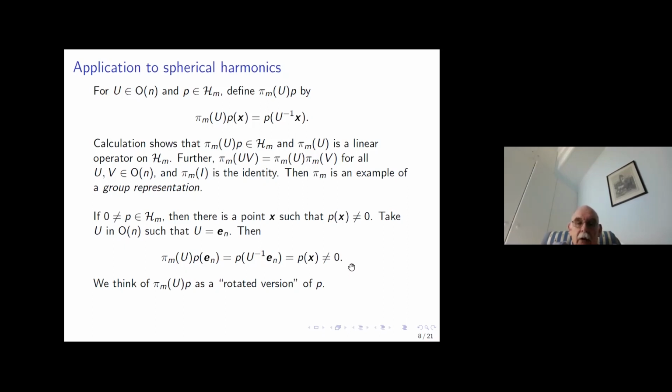And so that's saying that if I want to, I can rotate around the polynomial P to make sure that at En it is not zero. That's not too hard to see.